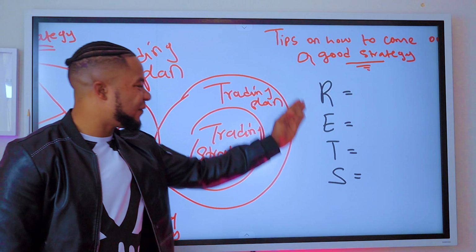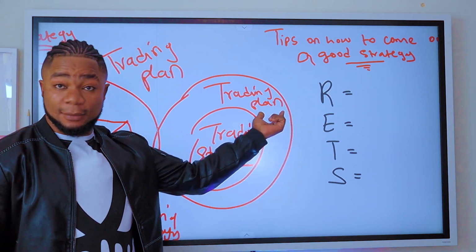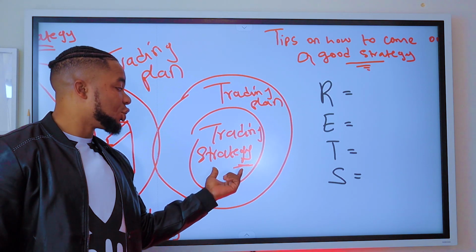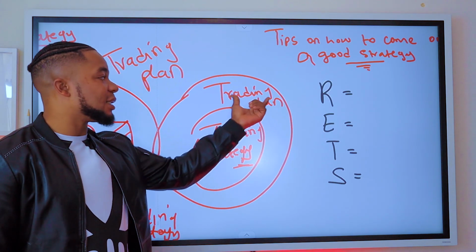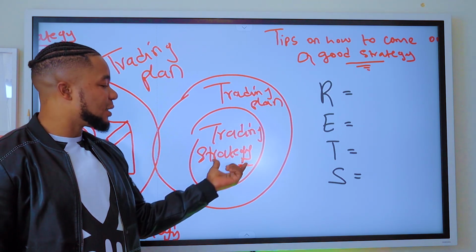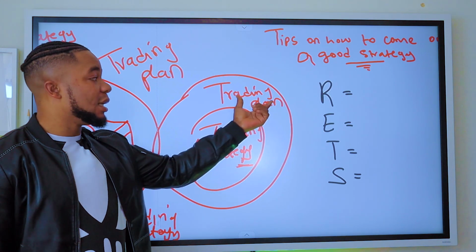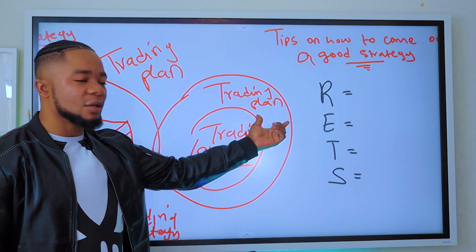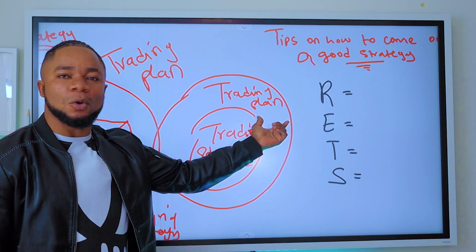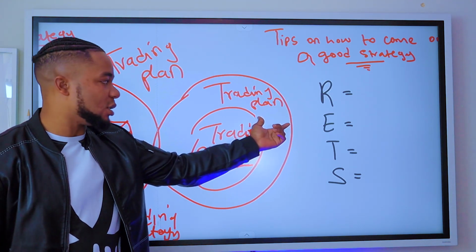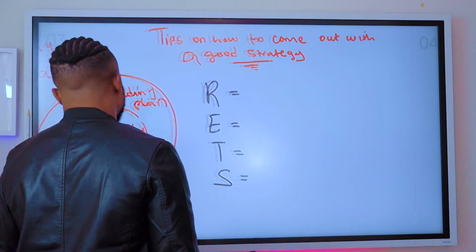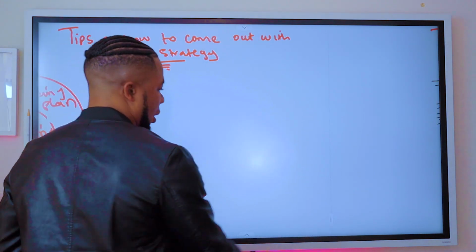So this first circle constitutes our trading plan, while the second circle constitutes our trading strategy. So you see, a trading strategy is part of a trading plan, and without a trading strategy, a trading plan won't work. And a trading plan without a trading strategy, you can't call that a rock solid trading plan. Perfect. Let's go to the next slide.